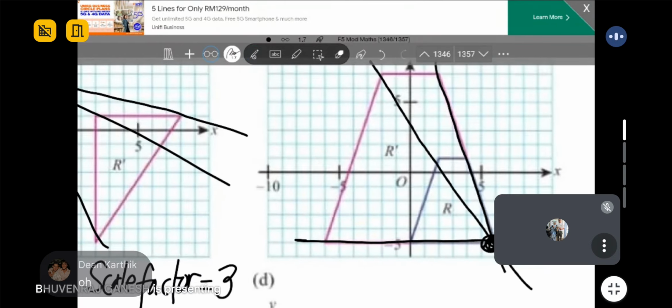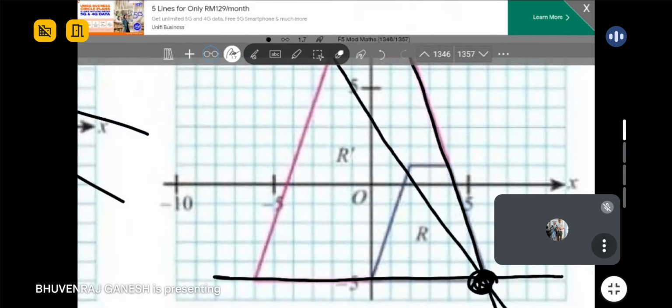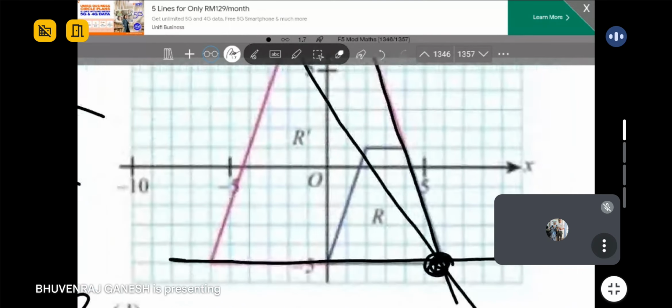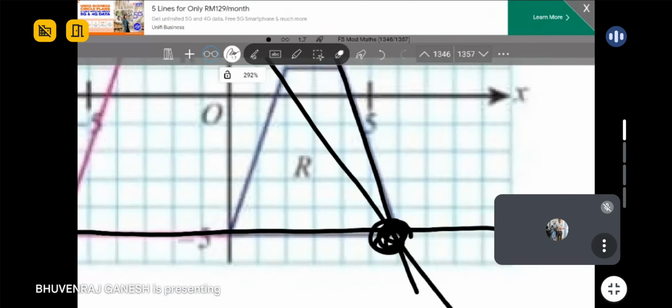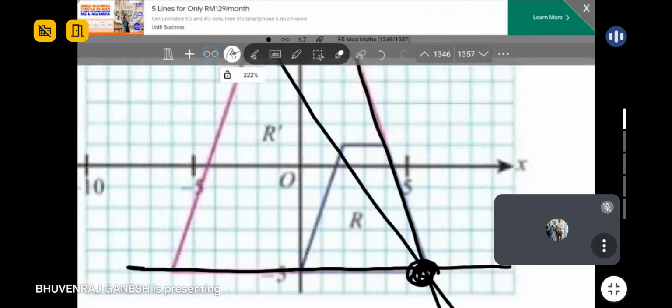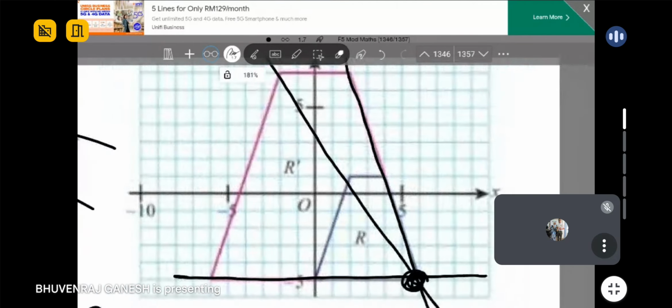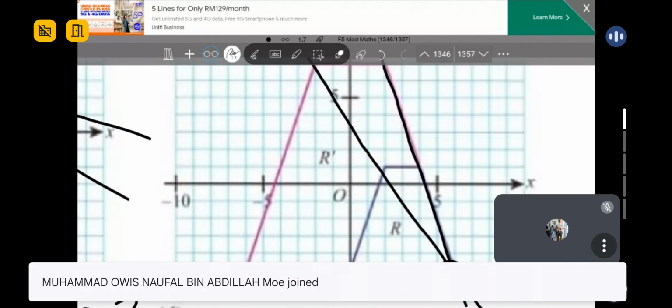I connect all the 4 points only. How do I know? There, I prove it to you already. Basically, right, guys, kalau kamu nampak objek dalam image, if the object is inside the image, right, the center will usually be at the side, kat penjuru. This is one of the tips I can give you. If the orientation is like this, kalau kedudukan dia macam ni, the center will always be at the side corner.